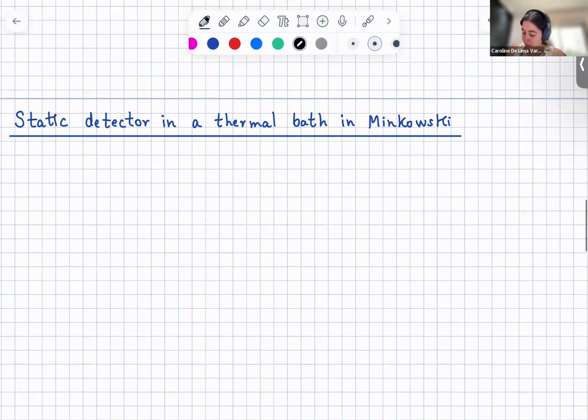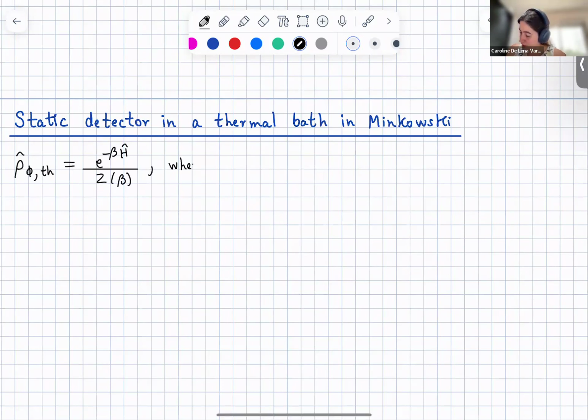Okay, so let's start with defining what would be the state of the field, right? What is the state for this thermal bath? So I would define the state of the field as e to the minus beta H, where H is the free Hamiltonian of the field, over the partition function, okay?